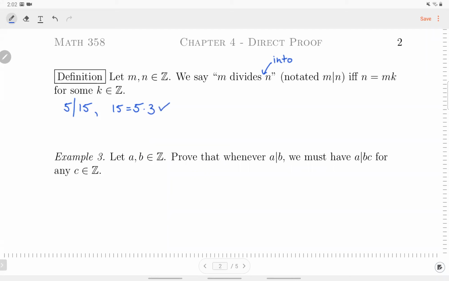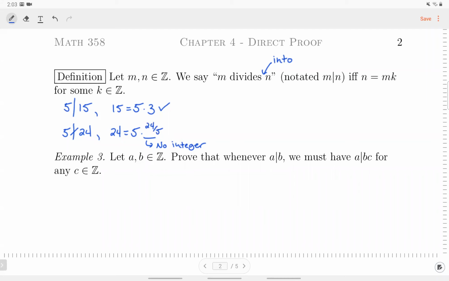In this specific instance, it was 3. 5 does not divide 24 because there is no integer times 5 that will equal 24. I mean, you could do 24/5, but that's not an integer, right? So it doesn't fit the definition of divides.